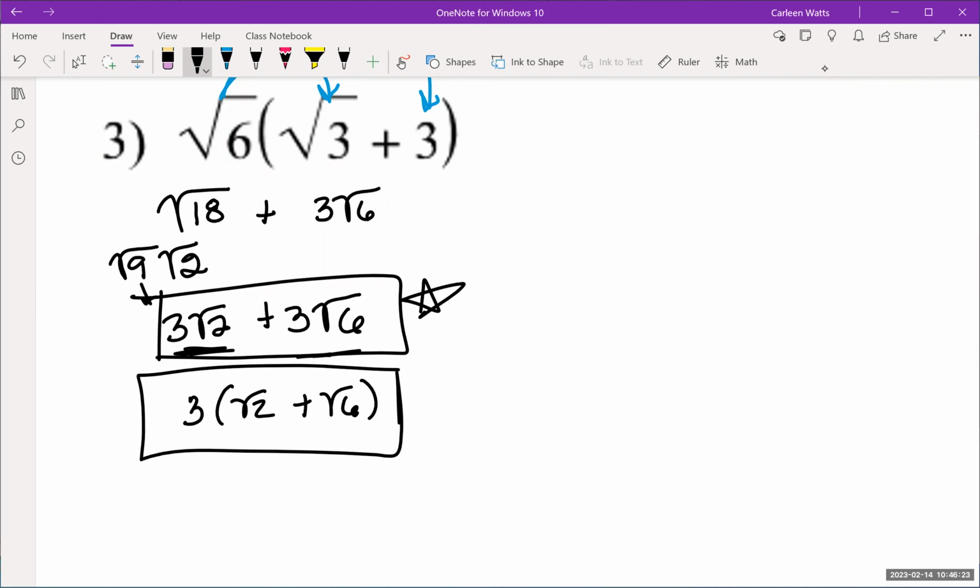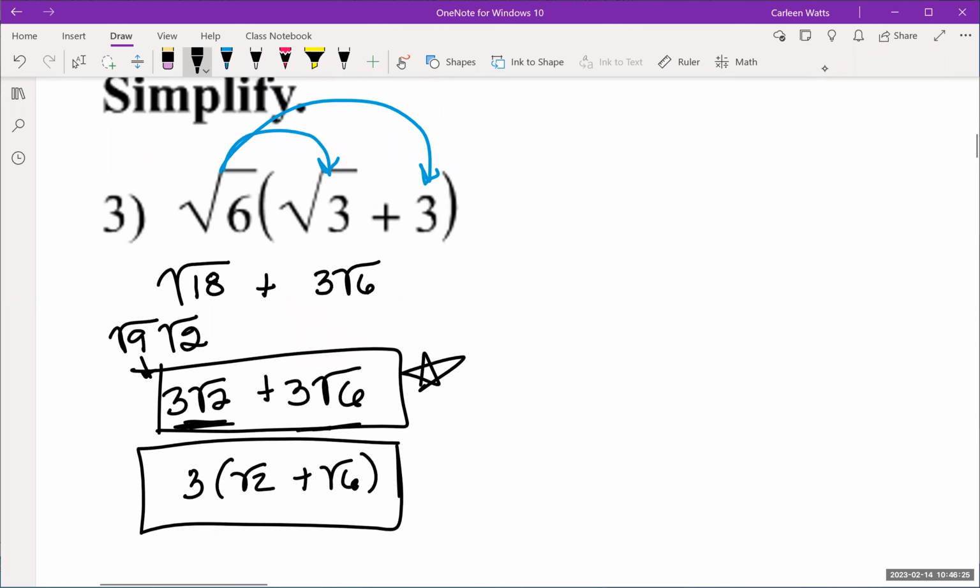Can we divide instead of distributing? No. You can't divide. You have to multiply and distribute. Okay. Let's come back to this one at the end, and then we can talk about that idea of dividing.